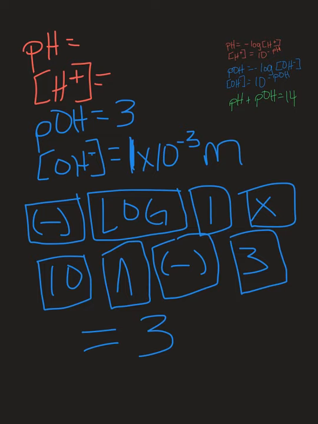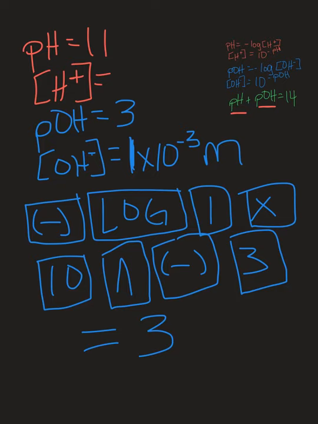Now from here, we can get pH, remember? If we add pH and pOH together, we get 14. So 3 plus what number will give you 14? So 14 minus 3, 11.